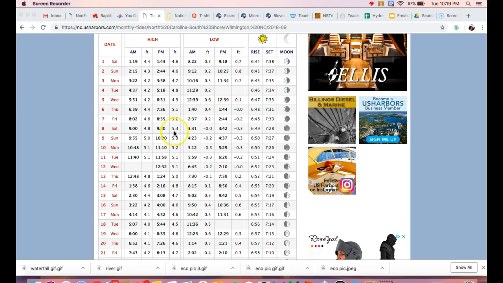So let's look at first quarter or third quarter, and you should be able to see the neap tides pretty clearly here, how there's not as big of a difference. So if we look at, say, the 3rd, for example, in order to determine the difference in the tide, to confirm that this is neap tide, you just do a little bit of math.